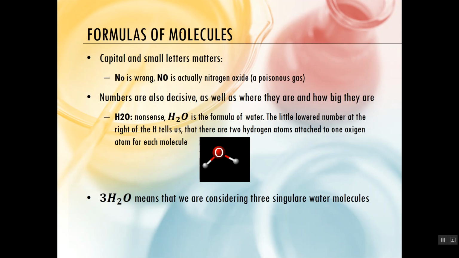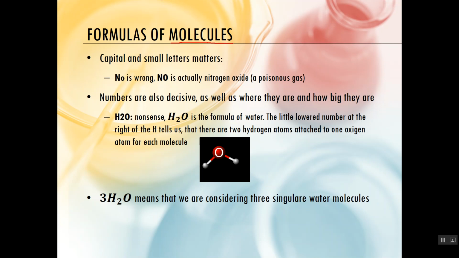Now there is something called molecules in which atoms are bonded to each other. We'll consider that more deeply later. But for now, you have to know that sometimes formulas are made of several components, several atoms.